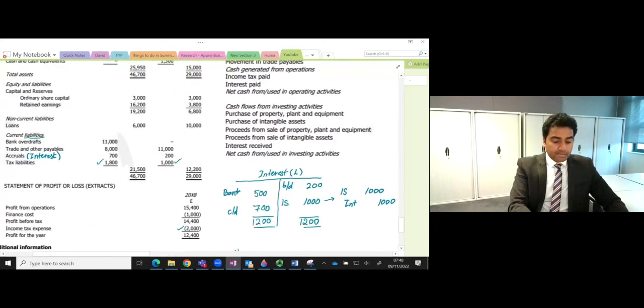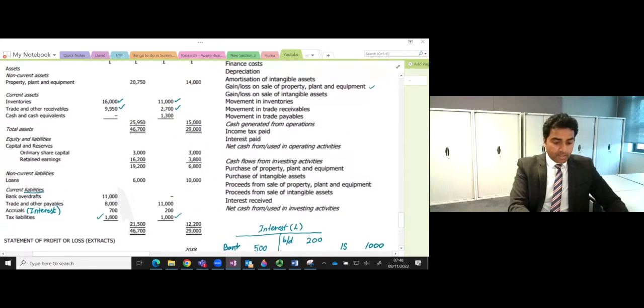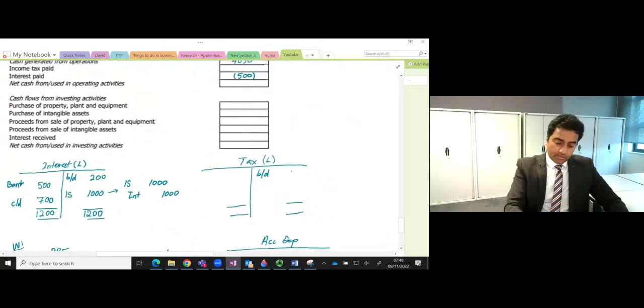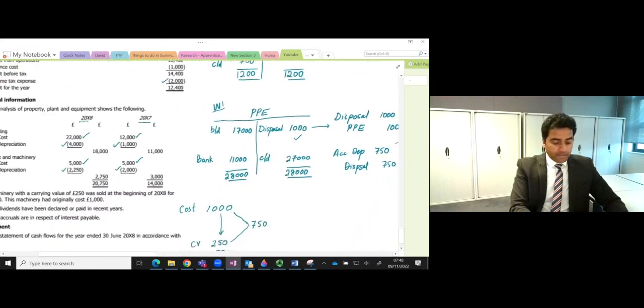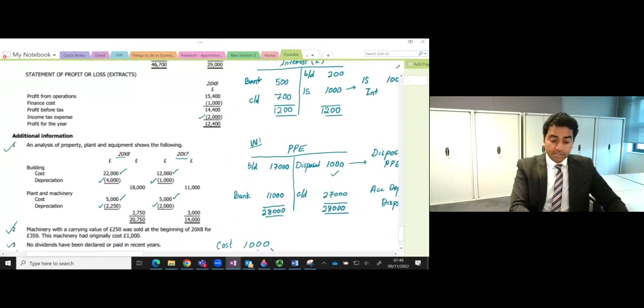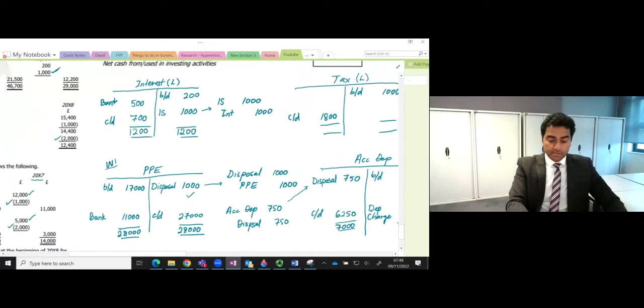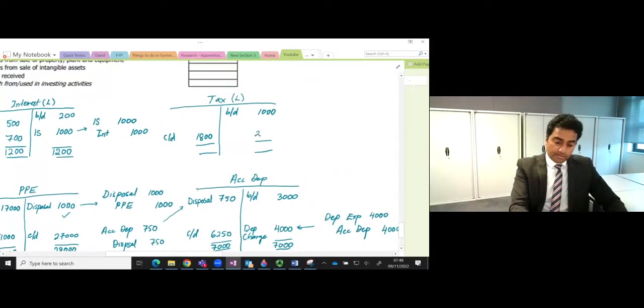So the opening balance is £1,000 and the closing balance is £1,800, carried down balance. And in my income statement, I can see that it was recorded as £2,000 as a tax expense. So I'm going to record it over here, £2,000.